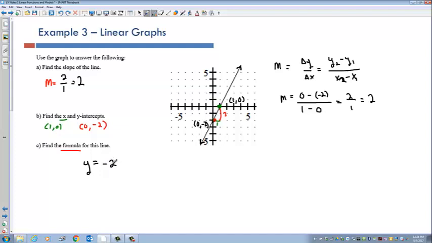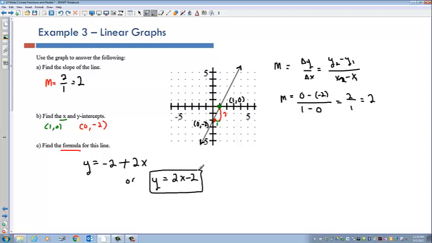So basically, you're adding the same number each time. You start at some value, like in this case -2, and then you add some number each time, and the number you're adding is this slope, this rate of change, which is just 2. So it's -2 plus 2, and each time we multiply by x. So the formula is just -2 plus 2x. Or you could rewrite this, if you like, as y equals 2x minus 2.